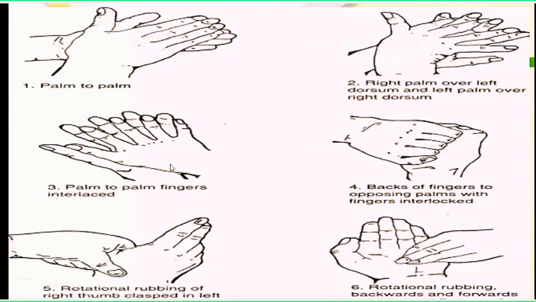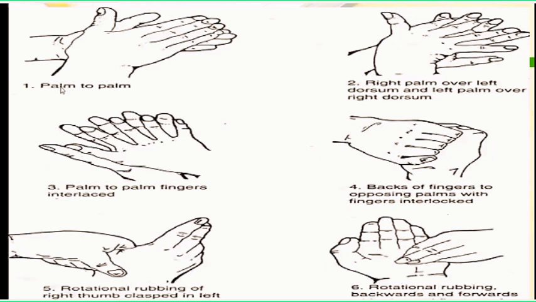This slide is basically illustrating the proper way to wash hands and scrub. So the first one is showing palm to palm. You scrub your hands palm to palm, after which you place the right palm over the left dorsum and the left palm over the right dorsum. Then the third step is to place palm to palm with fingers interlaced.